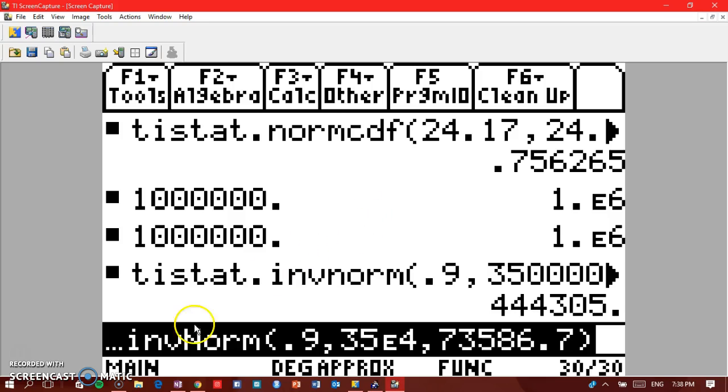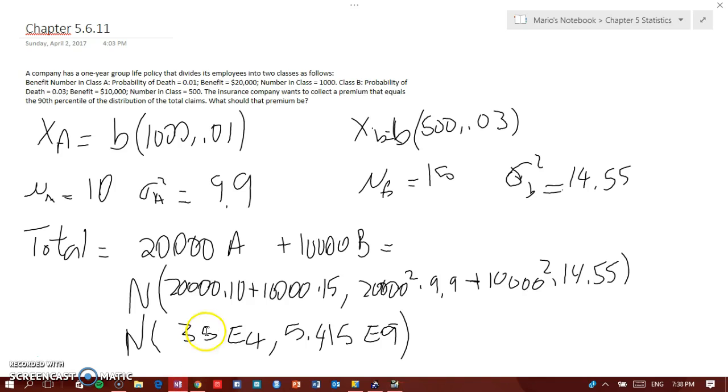That'll be the amount of money that the premium should be. So again, this is your variance here, and you need to find the standard deviation of it, which is 73,586.7.